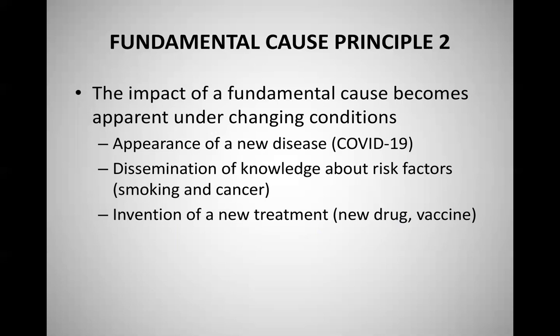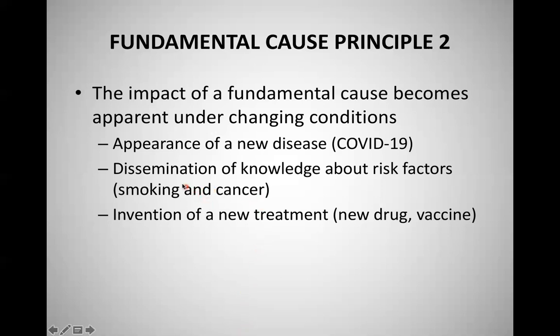Shortly after the onset of the epidemic and the transmission worldwide, in many countries around the world, data started to come out showing that different social groups are more at risk to the infection, but also more at risk to severe outcomes of the infection because of underlying risks, which I would call fundamental social causes. Okay, so COVID-19 is one example.